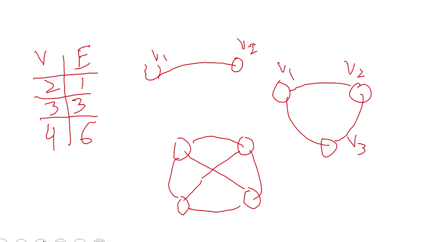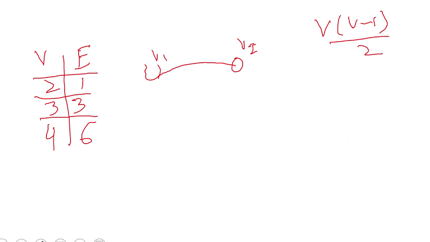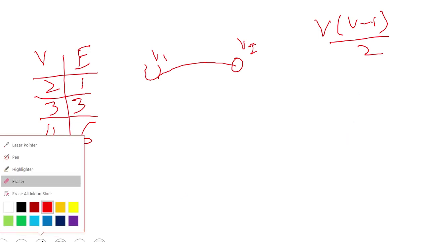So what is the relationship between vertices and edges? We can represent this relationship in a formula, and this formula is v into v minus 1 divided by 2. Now we see if a graph has 2 vertices, how many edges are evaluated in this case.